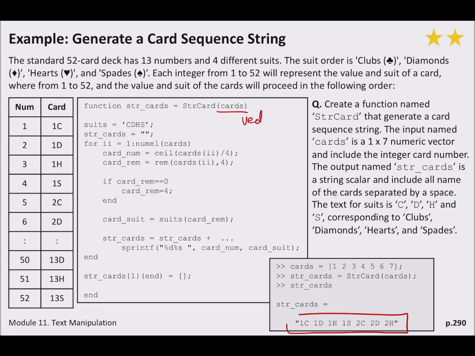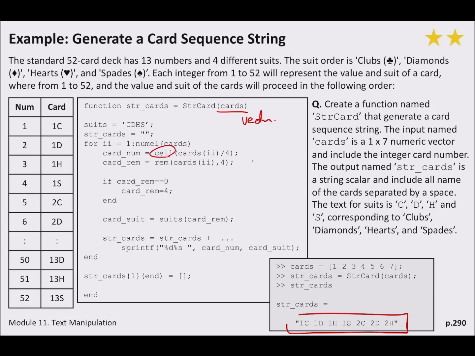These are vectors, right? When you divide by 4 and round up the value to positive infinity, that is a ceiling, and that gives the card number.